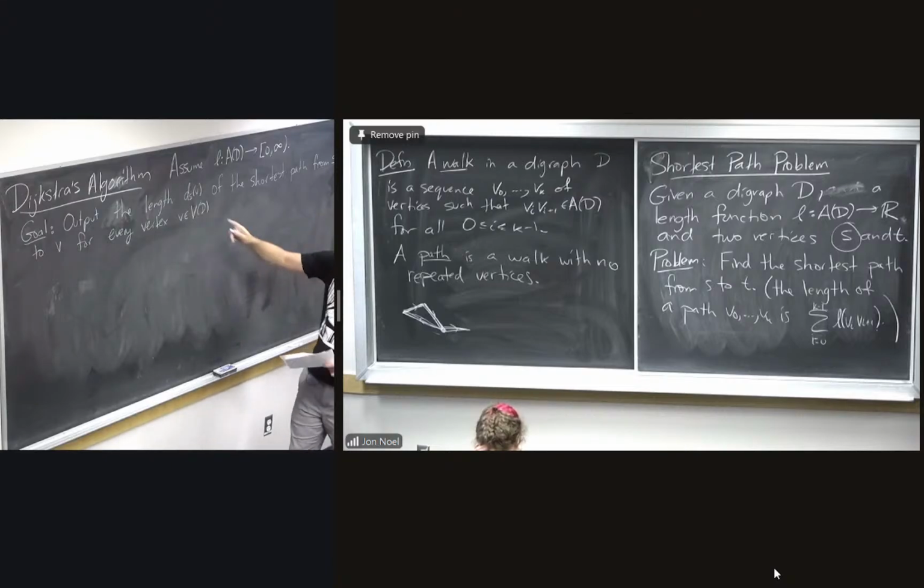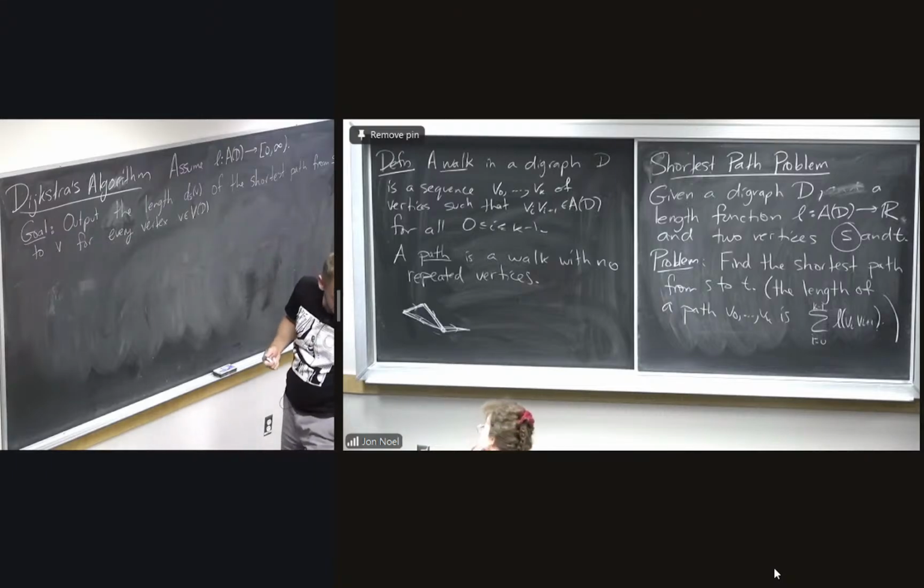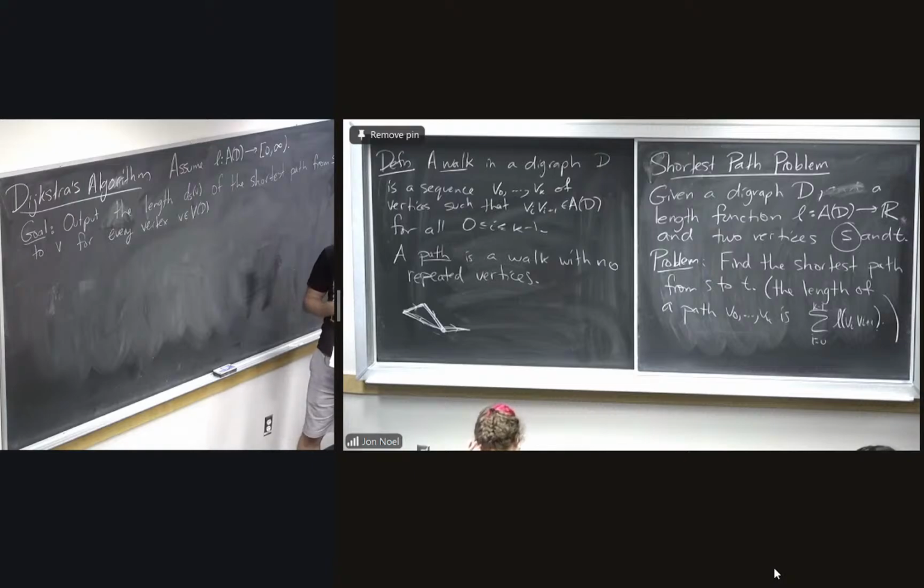So the original problem only asked you to find the shortest path from s to t, but we're going to find more. We're going to find the shortest path from s to everything. So it's a little bit stronger in some sense. Although in another sense, maybe this is natural, because if there's some vertex in the digraph where I didn't compute the distance from s, there may be some shorter path to t through that vertex. So maybe I have to compute the distance to every vertex anyway in order to solve the problem.